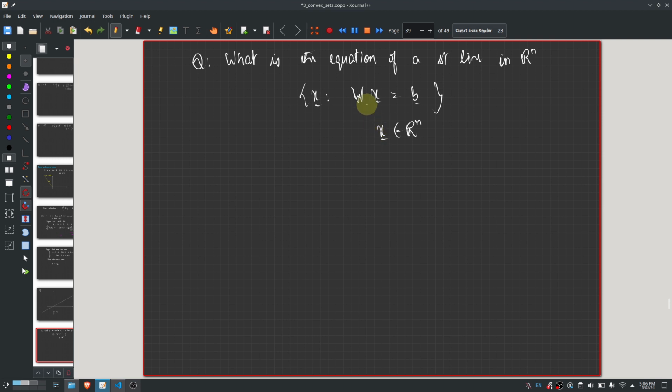What is the affine dimension of a hyperplane? N minus 1. What is the affine dimension of a straight line? 1, right? So a one-dimensional object would be the null space of an n minus 1 rank matrix, right? So in general, W would have to be an n minus 1 by n full rank matrix.